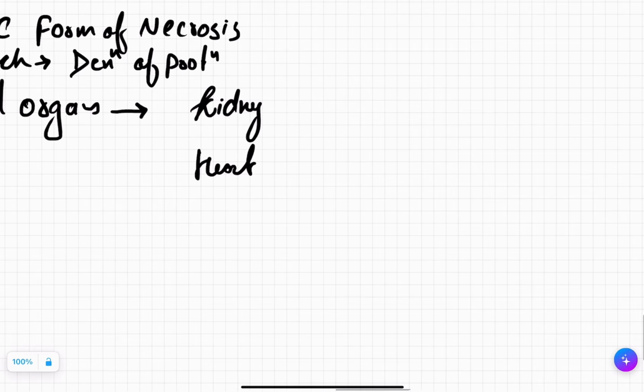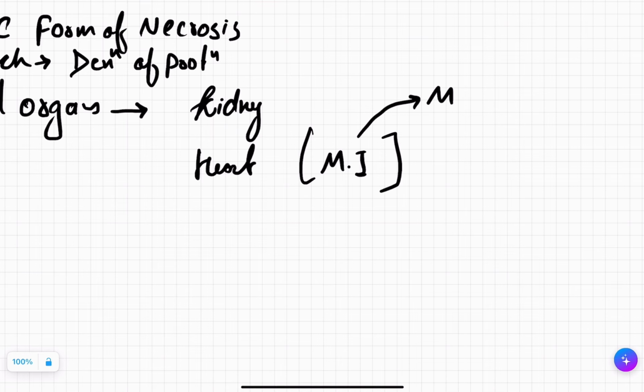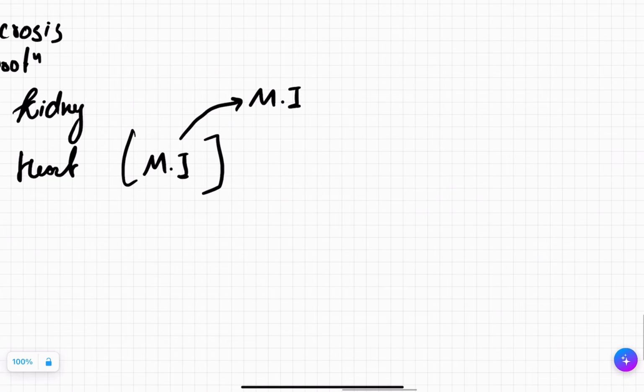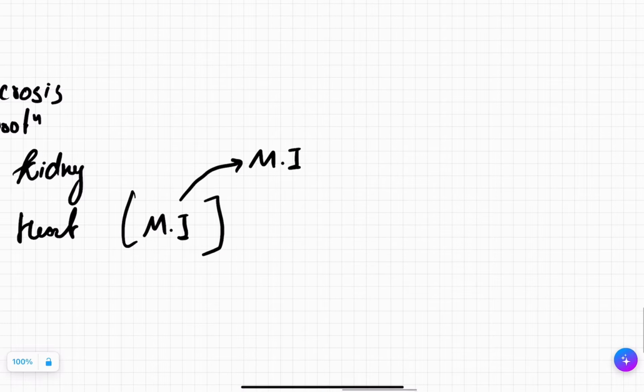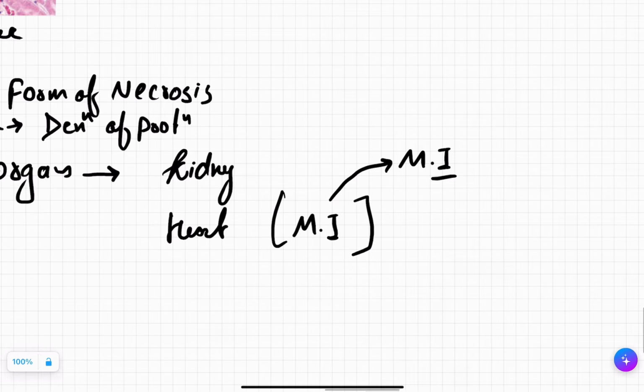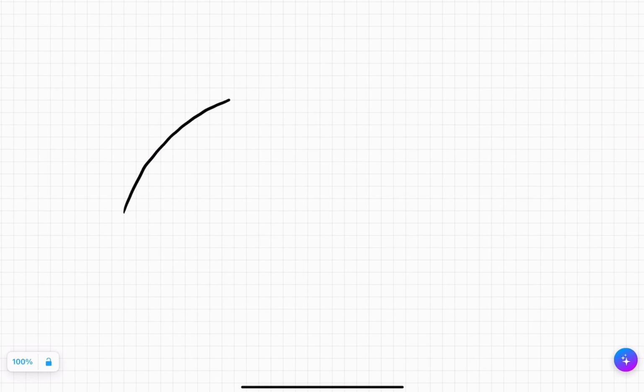You must have known this MI or the myocardial infarction. What is necrosis? Infarcted tissue which has undergone discoloration, right? This is also infarction. This is myocardial infarction. Now let's say this is kidney.